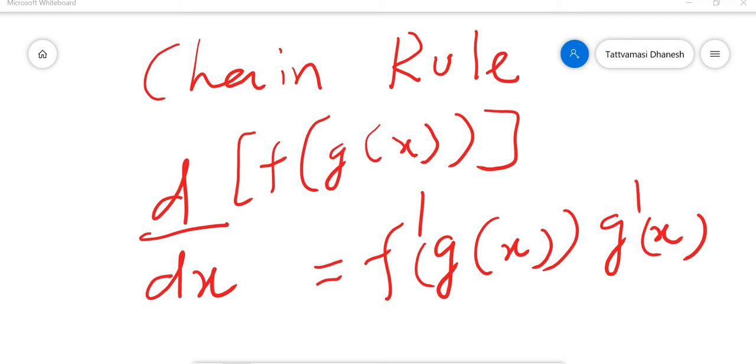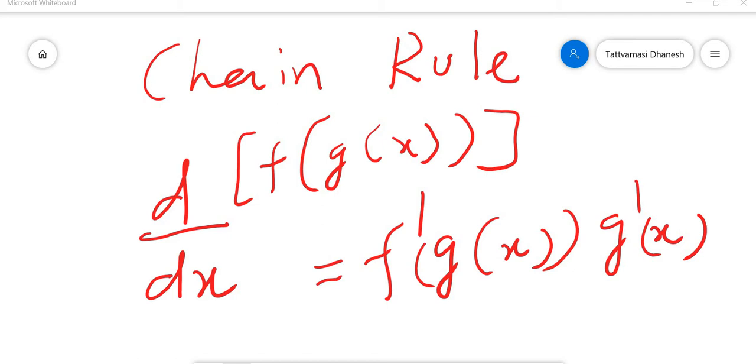The rule is like this: d by dx of f of g of x is equal to f dash of g of x into g dash x. This is the concept behind the chain rule. When one function depends on another function, we go with the chain rule.